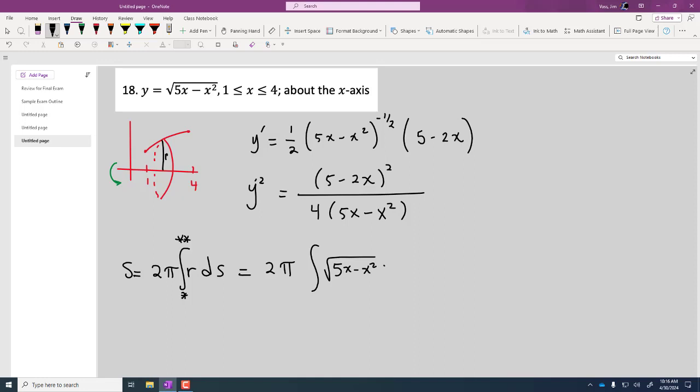And then ds, same thing that we did in the last problem, square root of 1 plus y prime squared, which we already found. And then we'll combine those two square roots, and our limits of integration are 1 to 4.